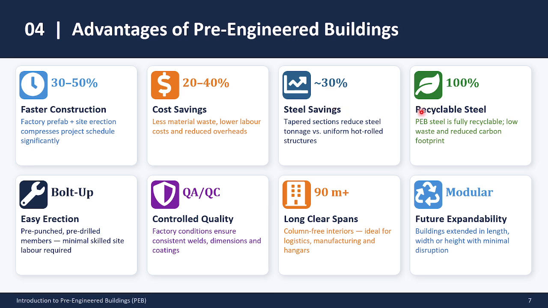The steel is 100% recyclable. Members are pre-punched and pre-drilled, so minimal skilled labor is needed on site. Quality is consistent thanks to factory conditions, and with clear spans of 90 meters or more, you get completely column-free interiors. Plus, the buildings can be expanded in future with minimal disruption.